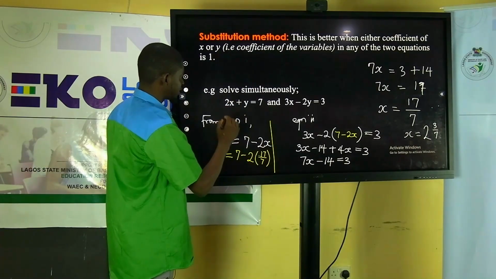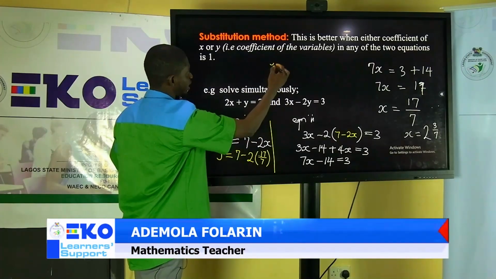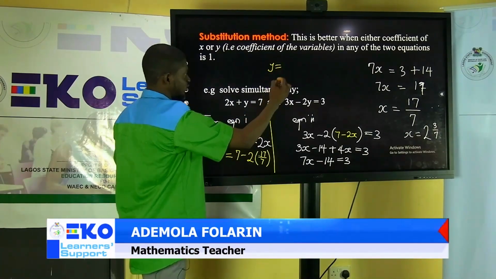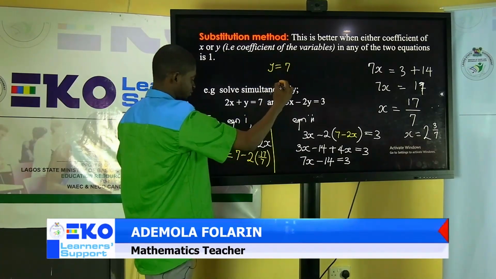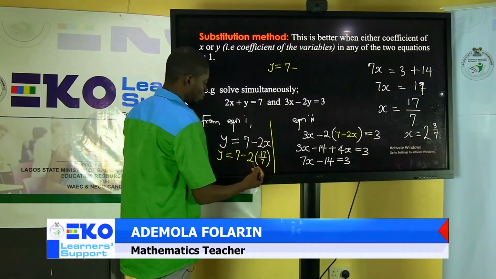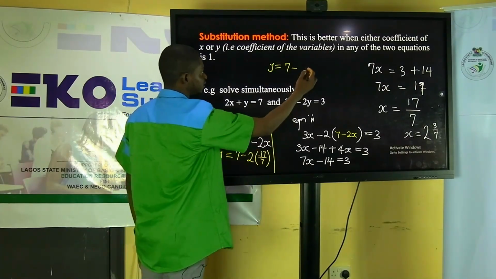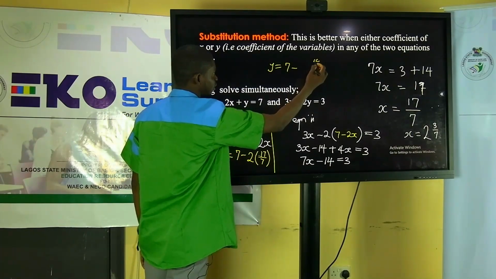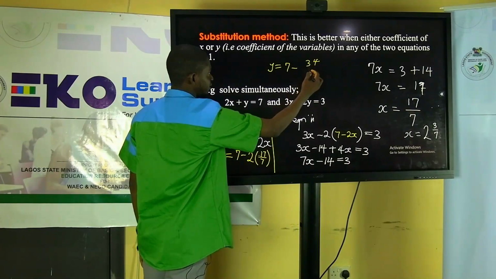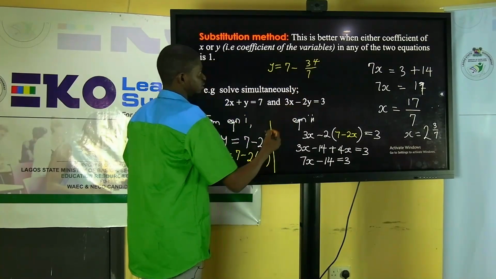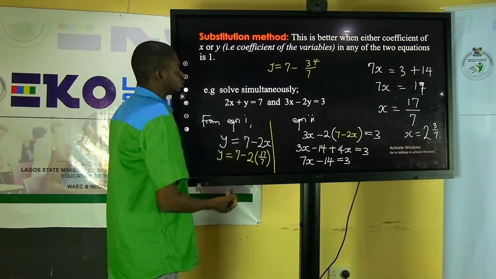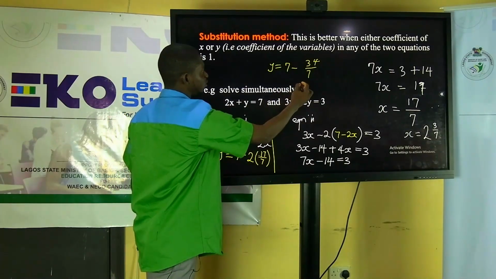We can bring this on board here to say y will be equals to 7 minus, you multiply this by 2, that gives us 4, 3 divided by 7. So very easy, you can find the value of y.